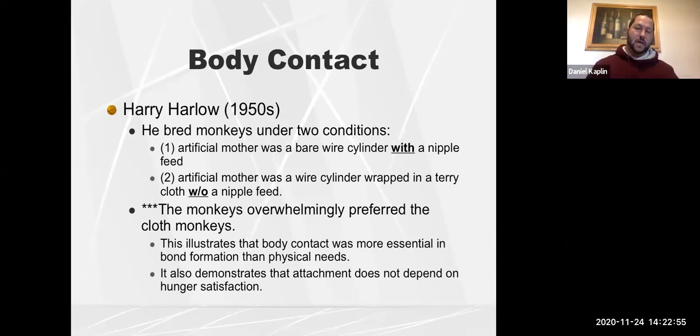On the other side, they had an artificial mother wrapped in terry cloth. It was soft, but it did have a nipple to feed. So in condition one, the child could be fed but not provided comfort. In condition two, the child could be provided comfort but could not be fed.